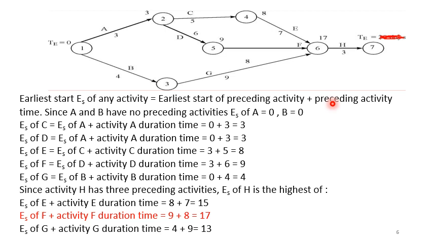So if you consider the starting activities A and B, they will have an earliest start of 0 because they don't have any preceding activities. So the first two activities, A and B, will have earliest start values of 0. So earliest start of A will be 0, and similarly the earliest start of B will also be 0.